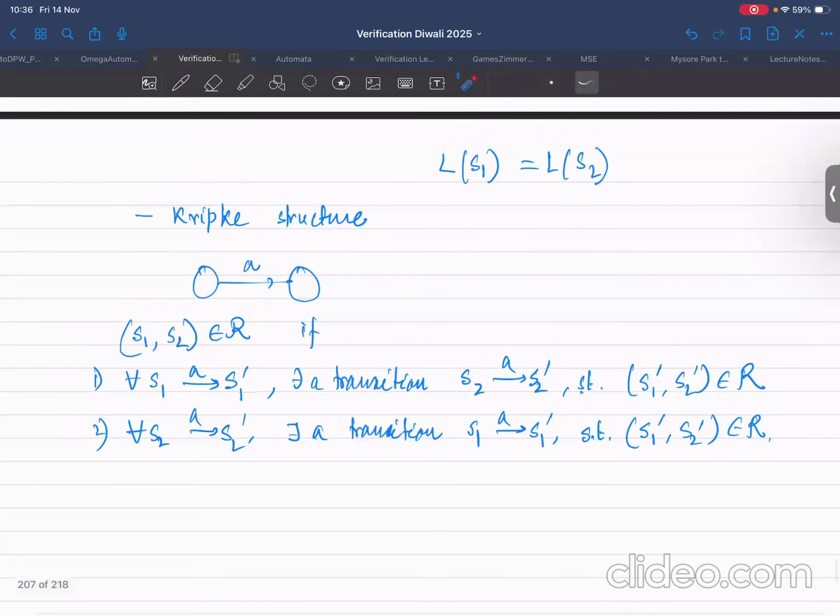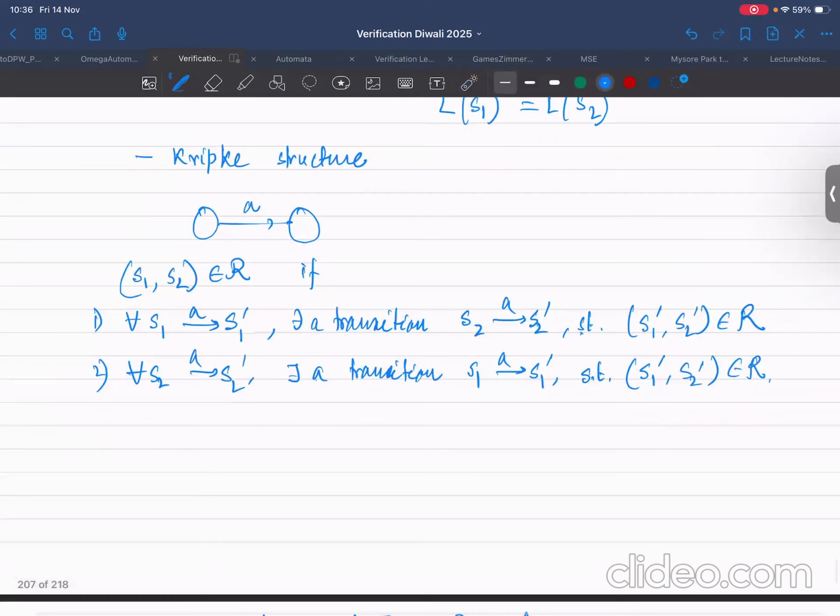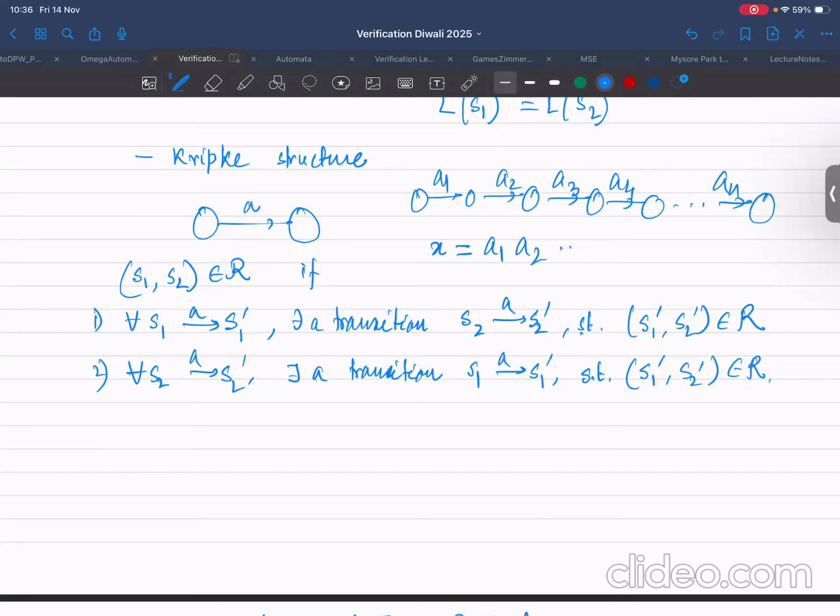Now, if you consider something similar to a path bisimulation, then I can consider a sequence of transitions: A1, A2, A3, A4, up to AN. Suppose X is a string of the form A1, A2, and so on up to AN.